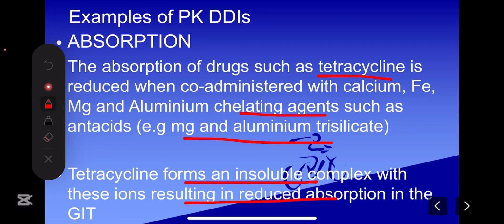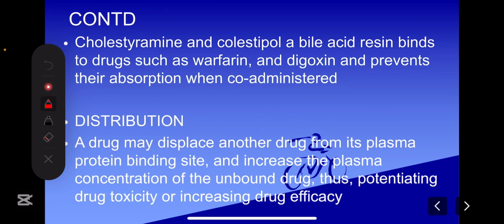All right. So after that, we want to look at another example. Another example of an absorption drug-drug interaction is where we have cholestyramine. This one is from bile acid. Cholestyramine actually is a drug.